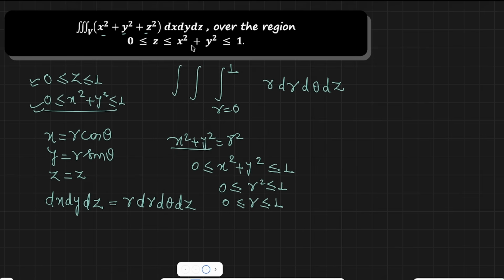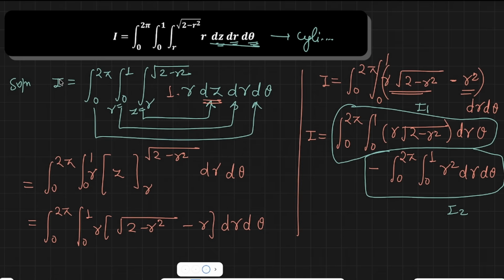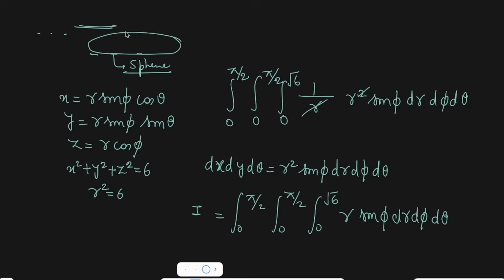Because it is a whole circle, the limit of theta will be 0 to 2 pi. And the limit of z is given, 0 to 1. This is the limit of z, this is the limit of theta, and this is the limit of r. In such a way you can convert your Cartesian coordinate system to the cylindrical coordinate system, and solve the question in that manner.